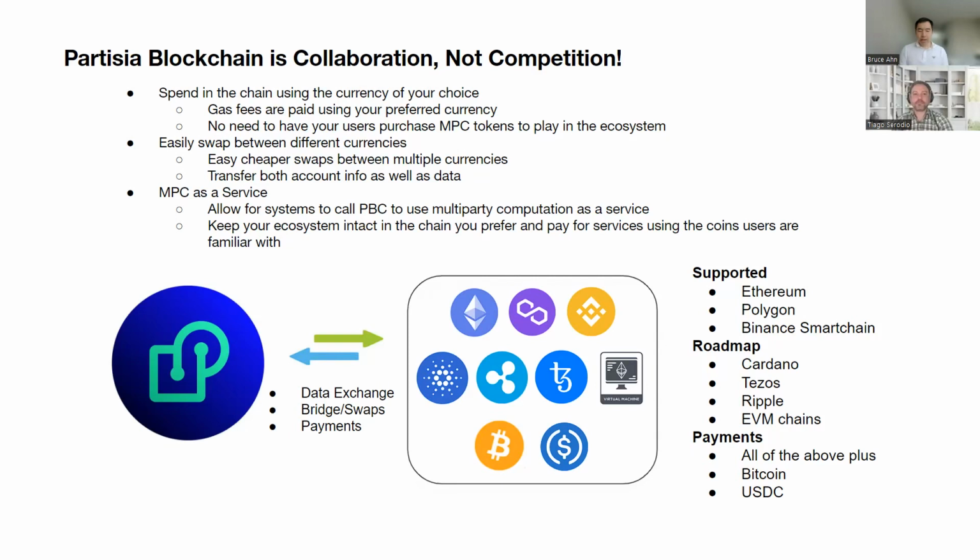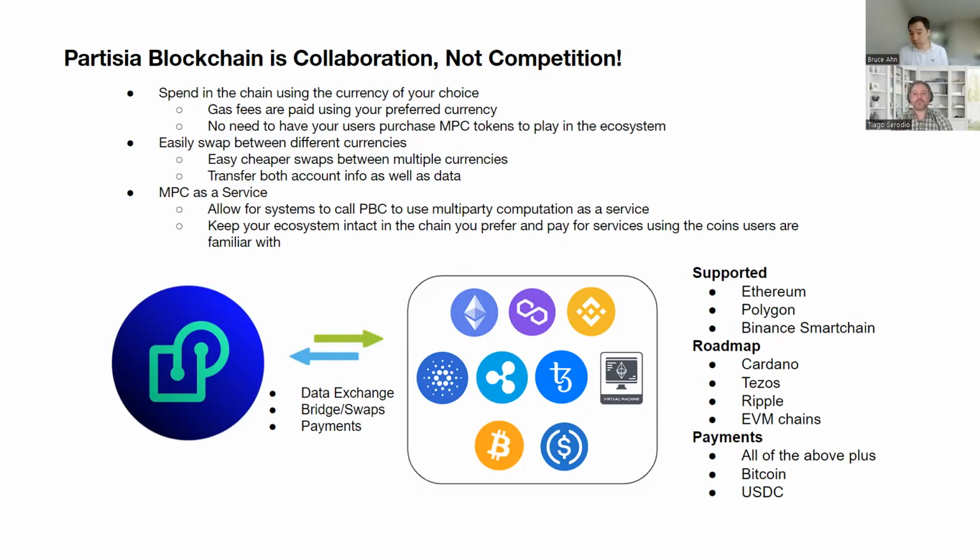So we went to that analogy of needing to pay for your own ecosystem's tokens, just like Disney dollars if you go to Disney World. Well, it's not like that in Partisia. In fact, in Partisia, you can pay for the services that you want using different coins. The gas fees are paid using your preferred currency.